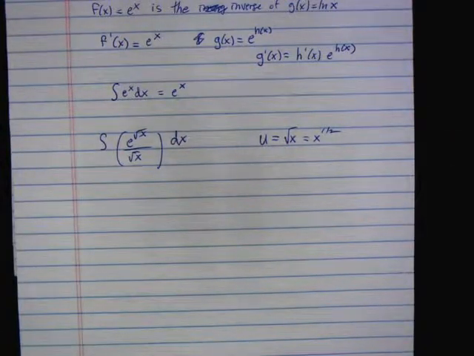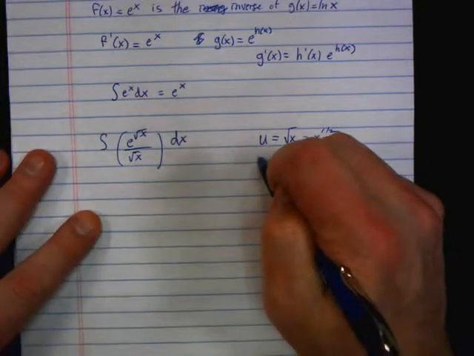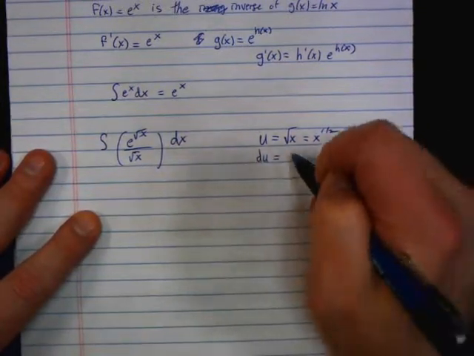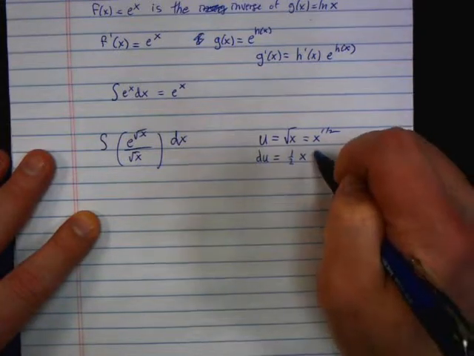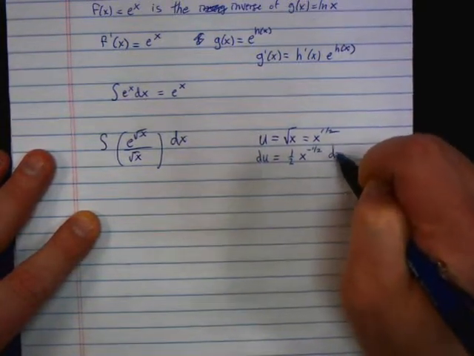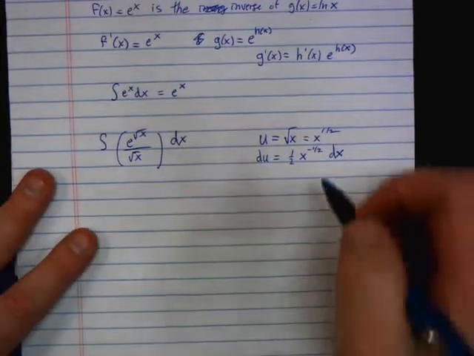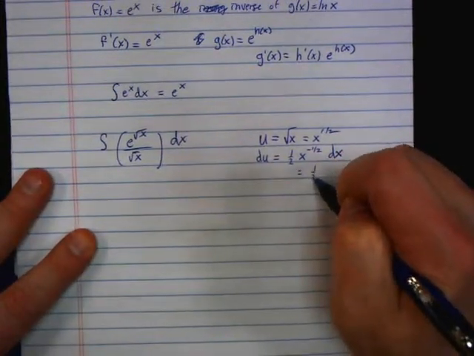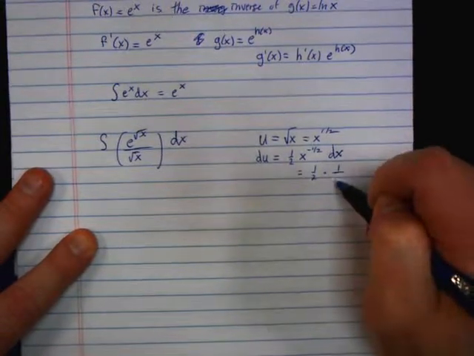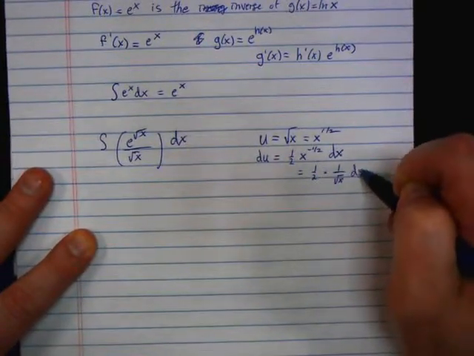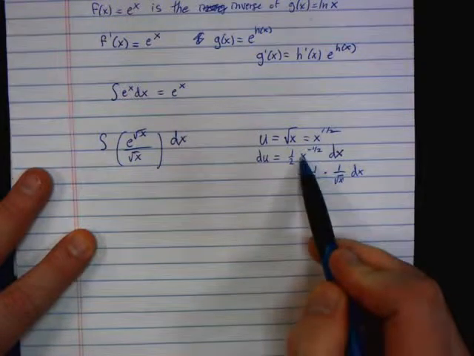U is the square root of x, which is also the same as x to the 1/2. I differentiate. I get du is 1/2 x to the negative 1/2 dx, which is 1/2 times 1 over square root of x dx, because the negative power drops the x to the bottom.